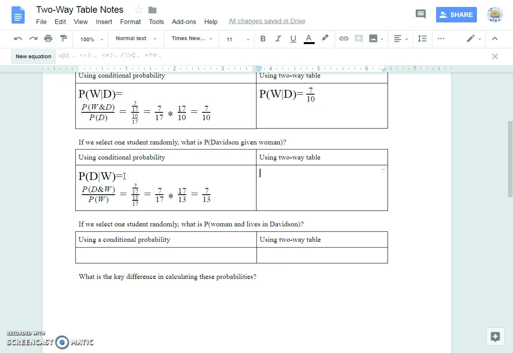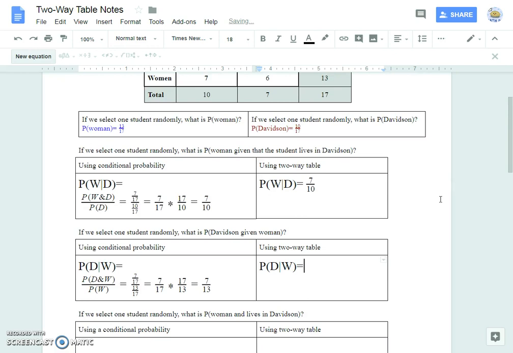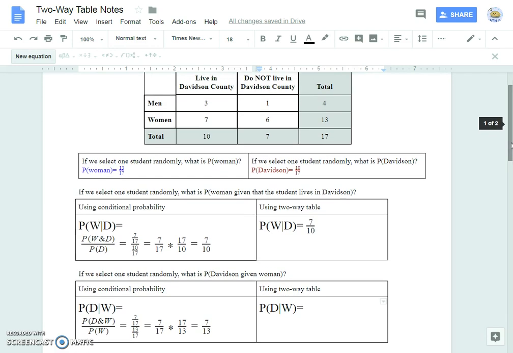Now if we use the two-way table to come up with our probability, we're looking at Davidson given woman. So all we're focused on here is to start out with women. That's the category that we're selecting from.